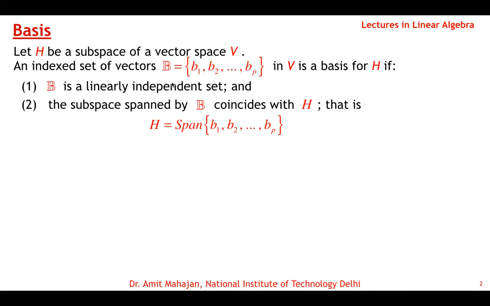If these two conditions are satisfied, then this set B is a basis for H. That means any set will be called a basis for a subspace H if that set is linearly independent and the span of that set is equal to the whole H. That means every member of H can be written as a linear combination of these vectors.